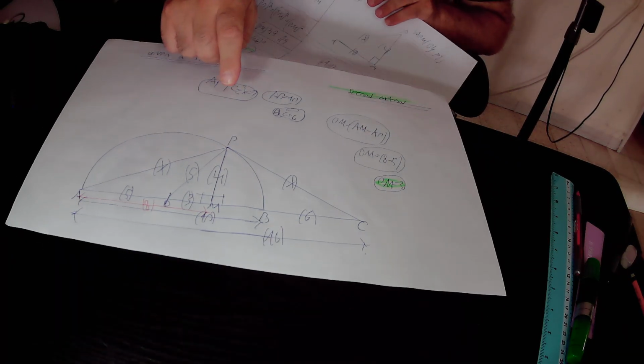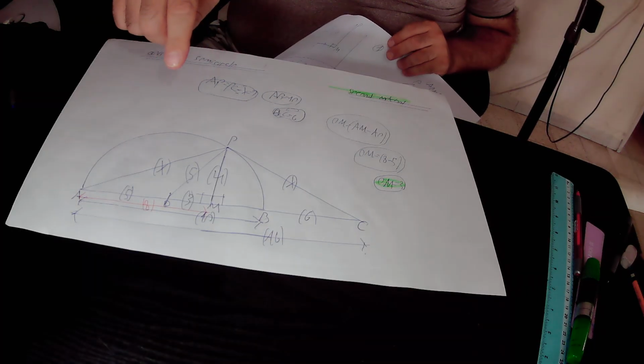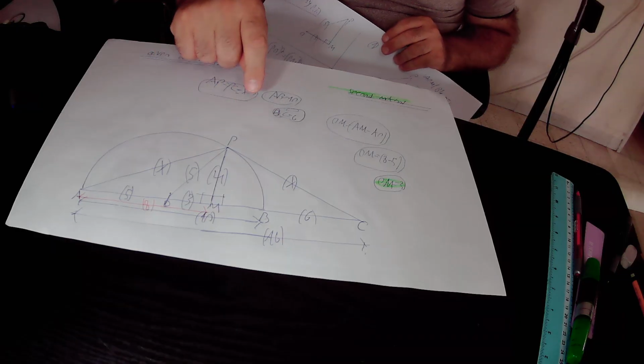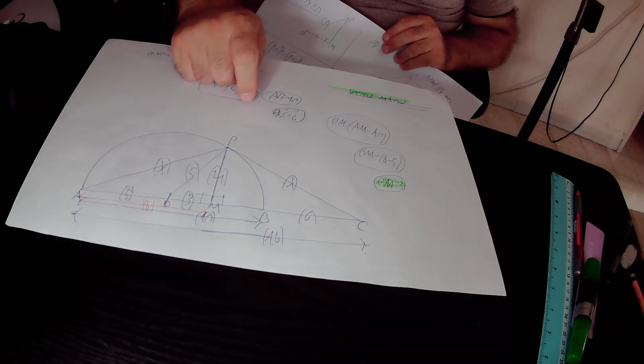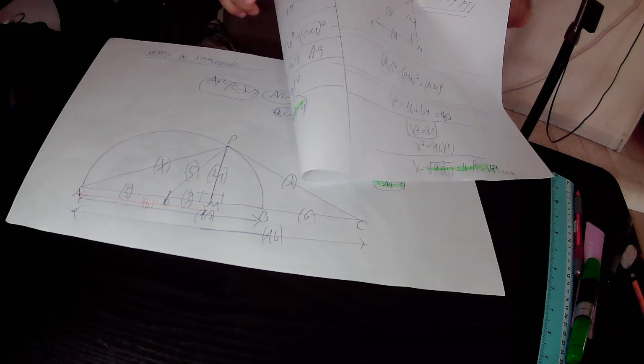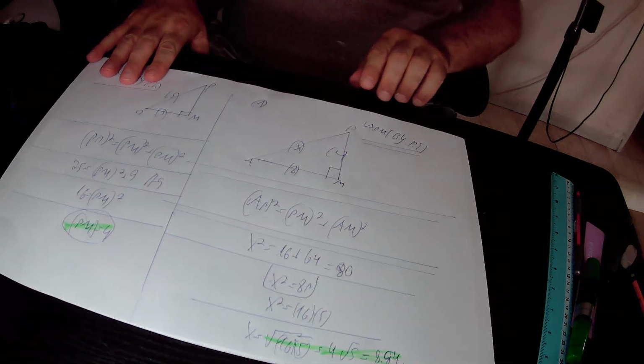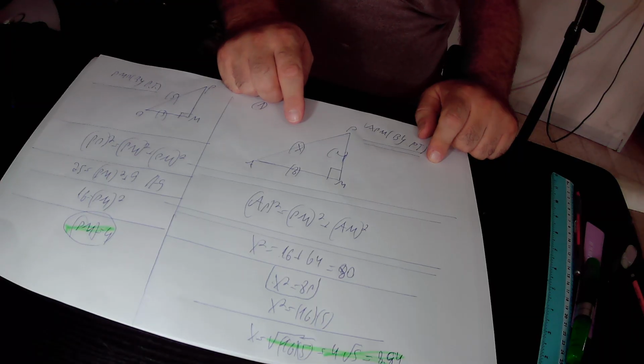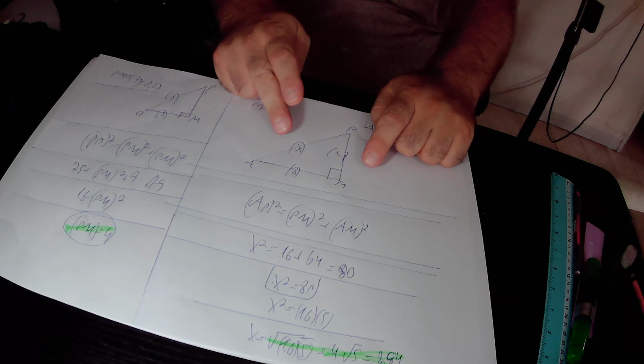In the next step, I copied the right triangle APM onto a new page and implemented the Pythagoras theorem on it. AP equals X, that is the line segment that we are working on in this question. PM equals 4 and AM equals 8.